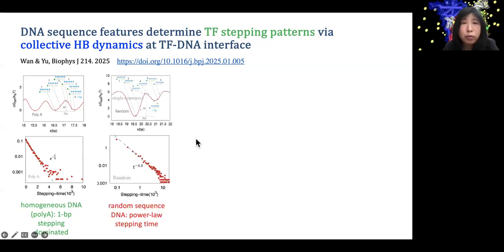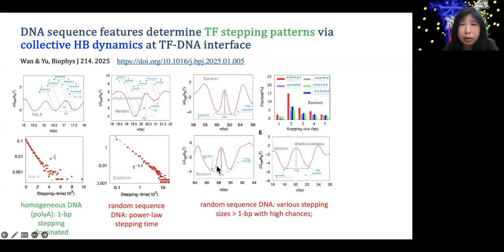If we do that on random sequences, there are still some one base pair steps separated by minima, while in many other cases we will see energy minima of the diffusion separated by two base pairs, three base pairs, or four base pairs. So we can get a survey histogram of how much these different sizes are distributed.